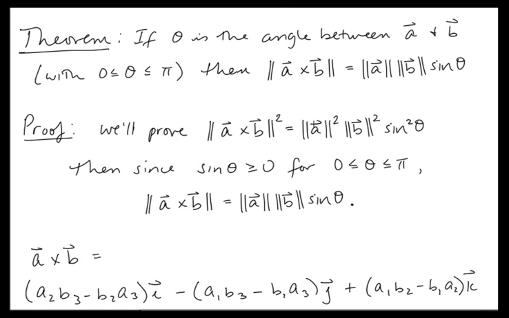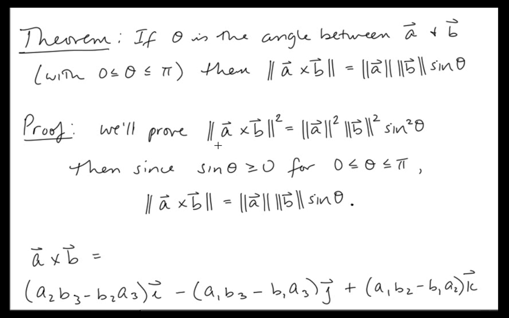And then we'll take the square root of everything, but keeping in mind that these lengths must be positive, and also since theta is between 0 and pi, we know that sine theta must also be positive, and therefore we can take the square root of both sides and we'll be good to go. So this is what we're looking to prove.